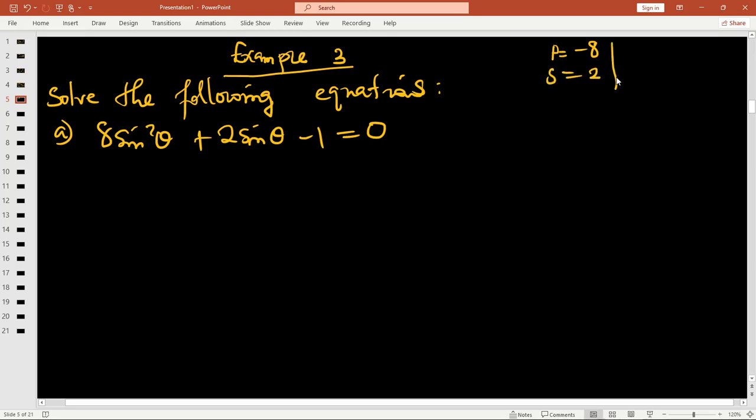So two numbers we can get, we multiply, we get negative 8, we add, we get 2 here. So we have 2 and 4, where if we multiply 2 and 4, we're going to get negative 8. If we add, we're supposed to get 2, so meaning that one of them is going to be a negative number there.